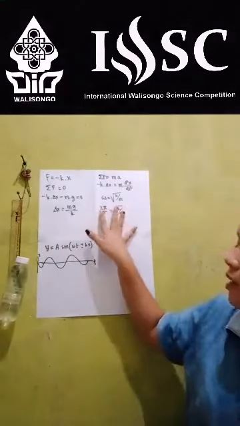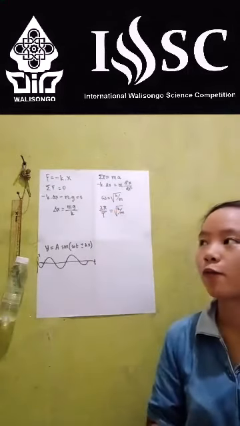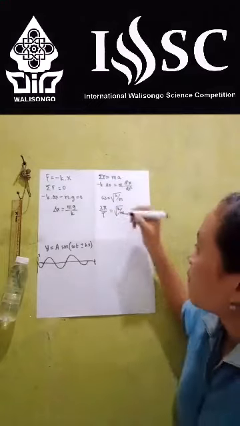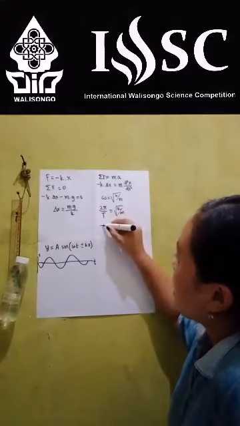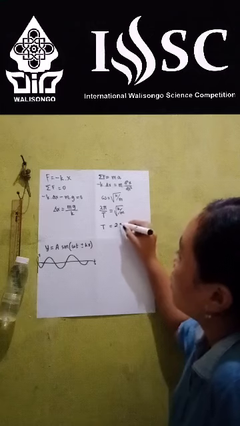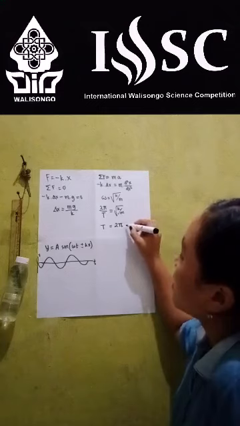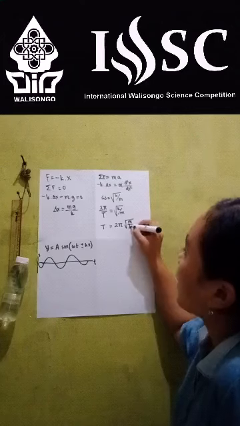From this expression, we can get the expression of the period, that is T equals 2π times root m divided by k.